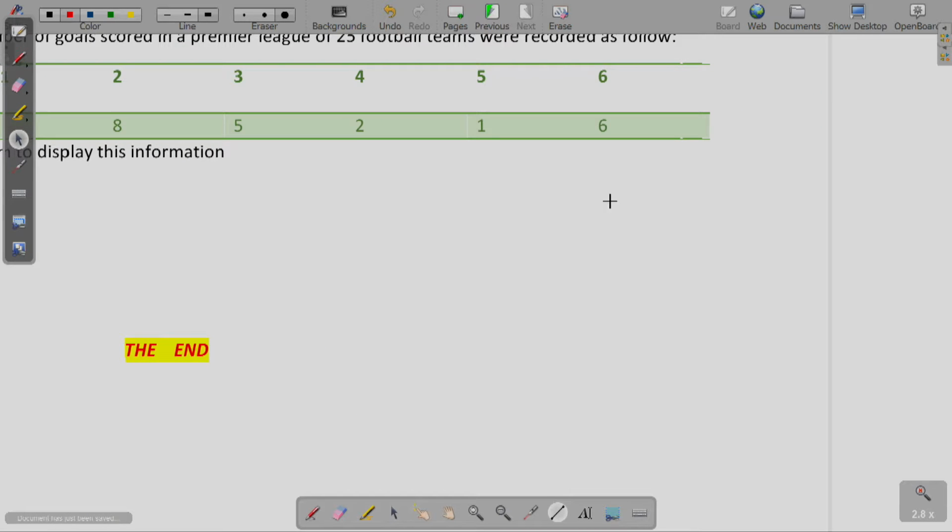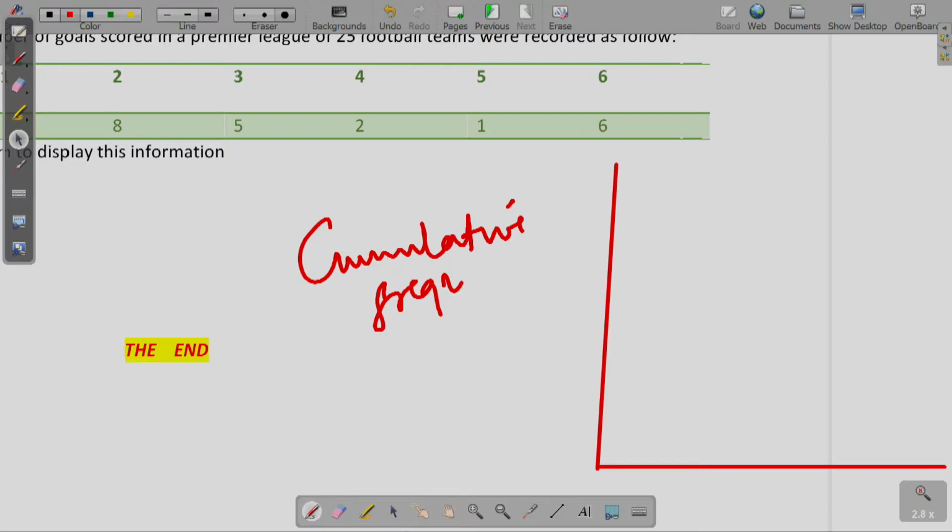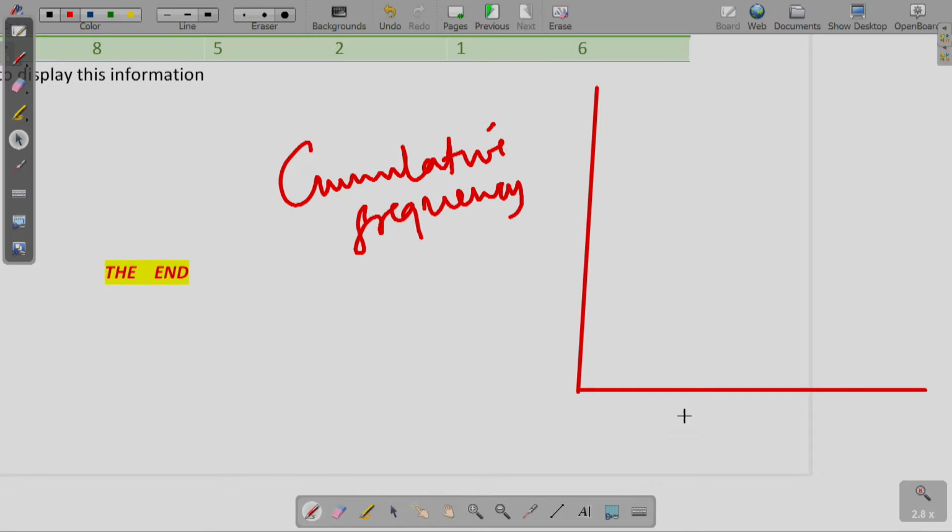An ogive is drawn with cumulative frequency and upper boundary, or upper real limits.